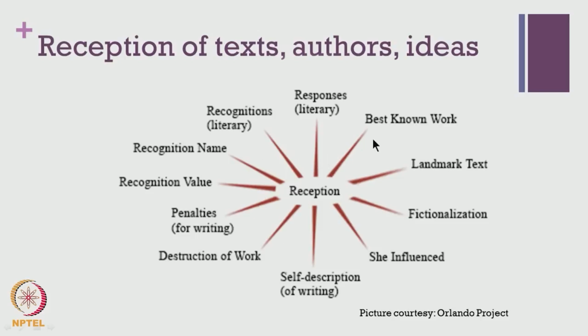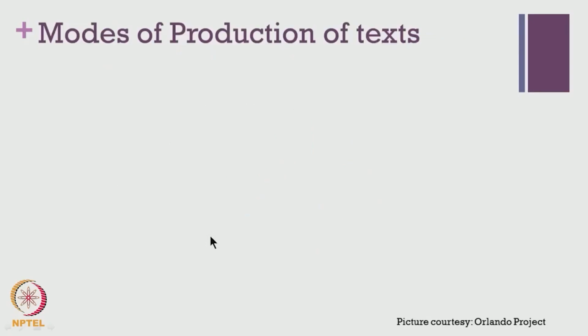In that sense, we shall be talking about a particular author's best known work, or the kind of influences that this author or a text had on other things, and maybe about the recognition value, and even about the penalties that one incurred for writing a particular kind of thing, when we later begin to talk about censorship, of getting into loggerheads with the authority of each period, when we shall be talking about the various penalties as well, and also about some of the works which get destroyed either due to a natural calamity or even due to another political or socio-economic force. So, these are the various aspects that we shall be looking at.